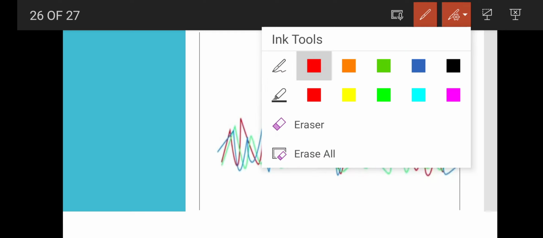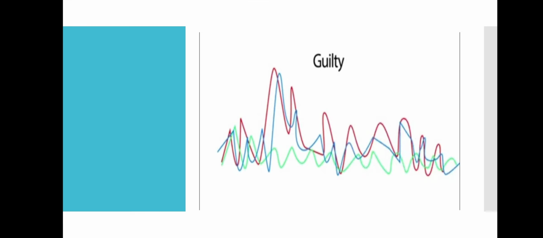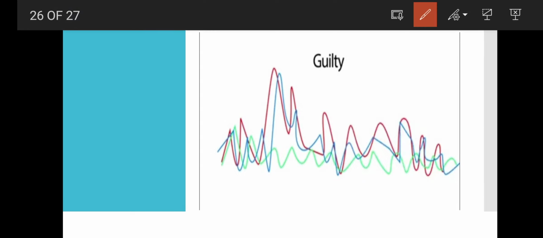In this way, it becomes very easy to analyze whether the person perpetrated a crime or not, and whether he was present at that time or not. So the brain fingerprinting technique is a very effective technique to analyze a suspect.